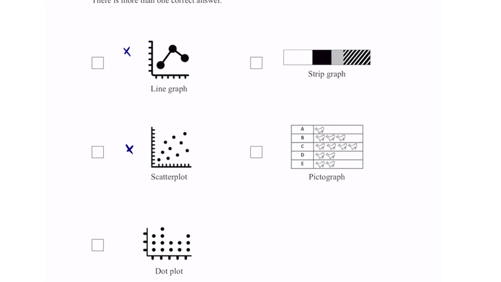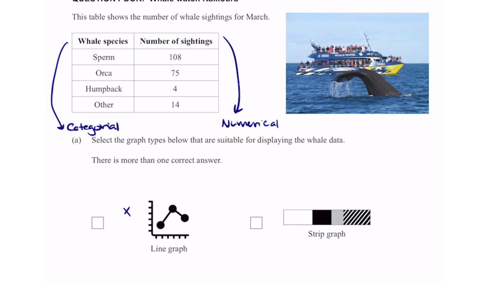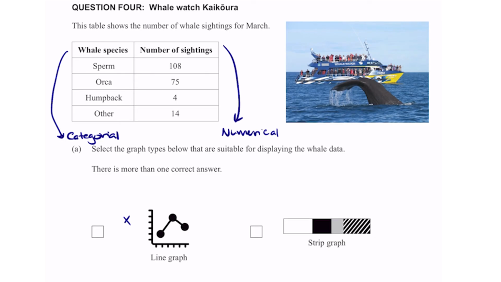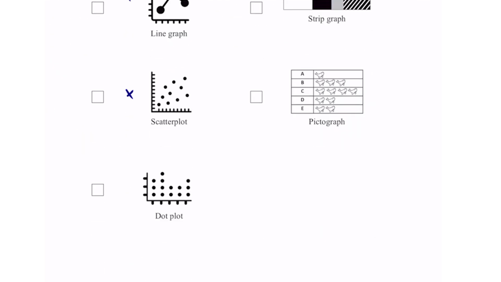A dot plot we can use to display this data, because we can put our categories on each step. So we could have orcas here and then sperm whales there, and then put our numerical data up here, how many of each type of whale was seen. So yes, we will put a tick there.